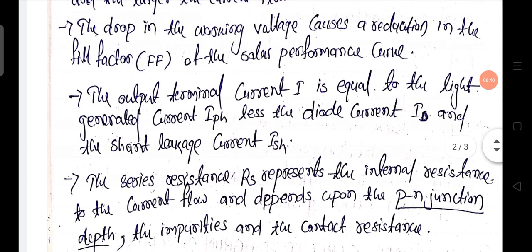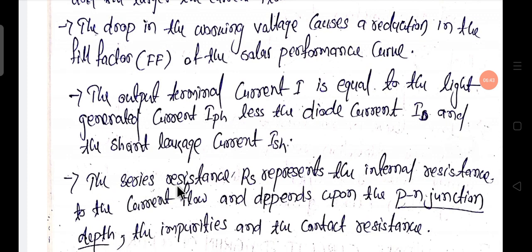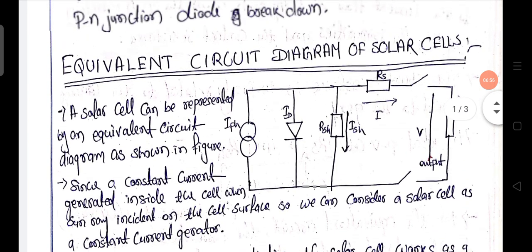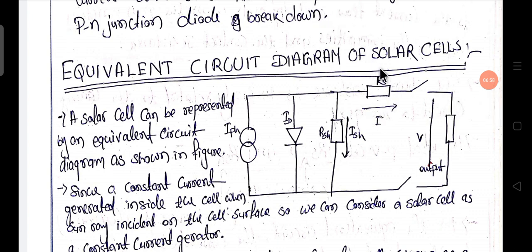The series resistance RS represents the internal resistance to the current flow and depends upon the PN junction depth. This resistance RS is represented as the internal resistance of the solar cell. So the current flow through RS depends upon the depth of the PN junction inside the solar cell.